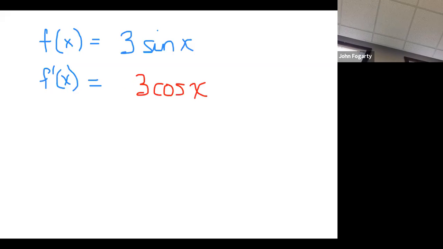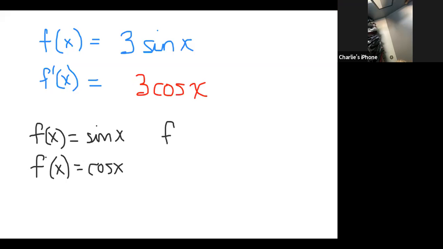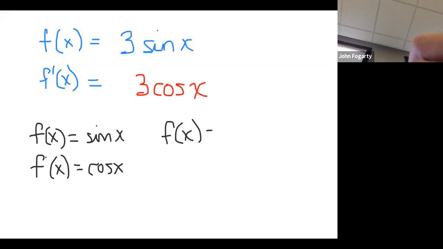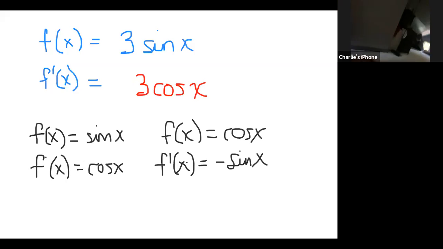So Cody, remember, if you have f of x equals the sine of x, the derivative is cosine of x. But when you have f of x equals the cosine of x, then the derivative is negative sine of x. Does that make sense, Cody? Yes, sir.